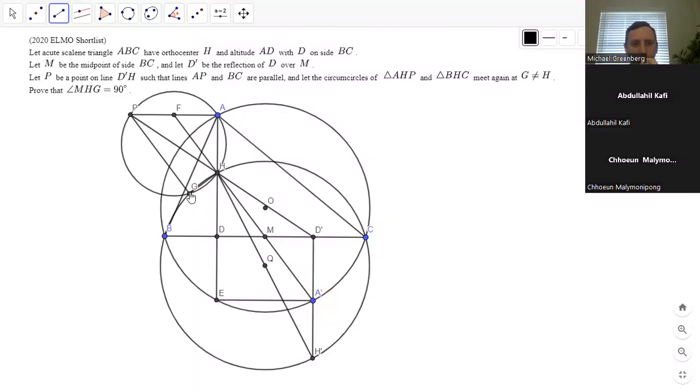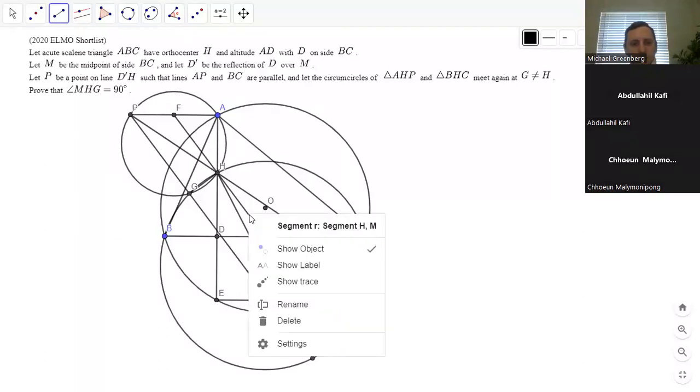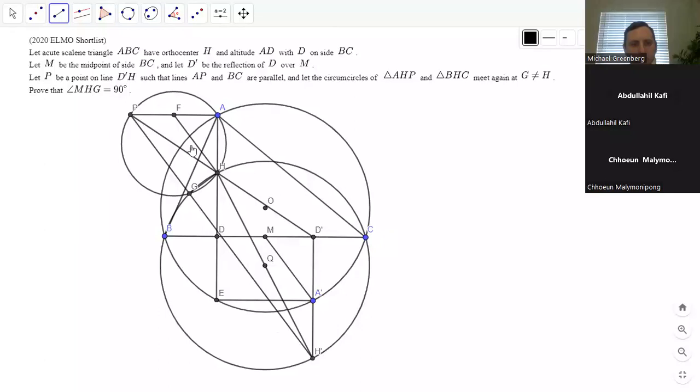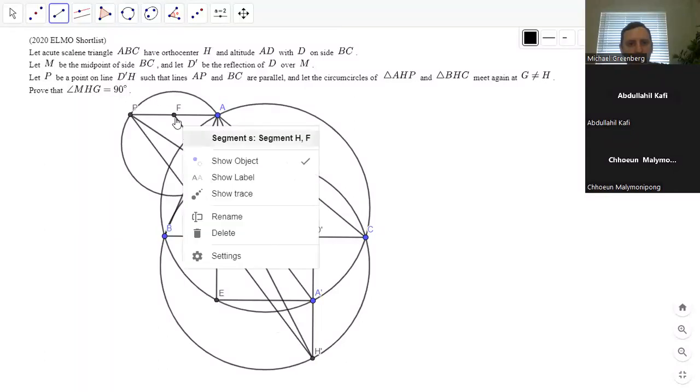Well, actually, I think we kind of know these are. I wonder if this is obvious. Yeah, it is kind of obvious because once we know that these are all collinear, in fact, we really just need that A prime, M, and H are collinear. I don't know if we need point F.